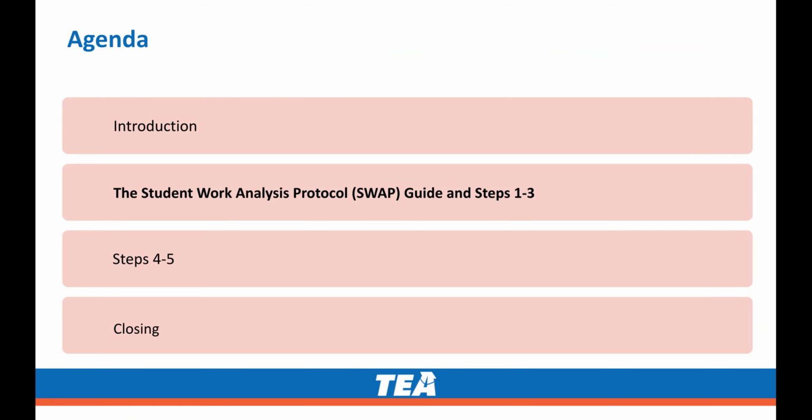Okay, we have 4 parts to our learning today, and we've already done our overview. So now we're going to start by exploring the student work analysis by reading it thoroughly and thinking about how each step will impact instruction and student learning.